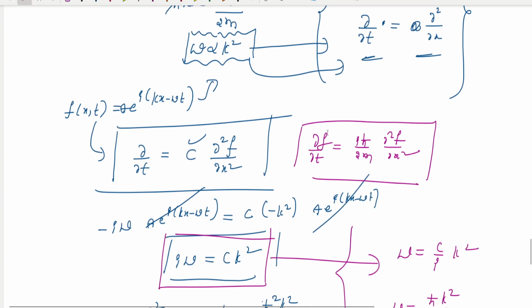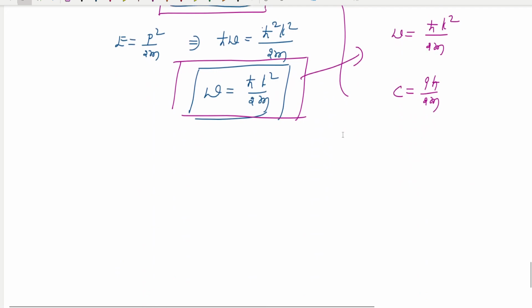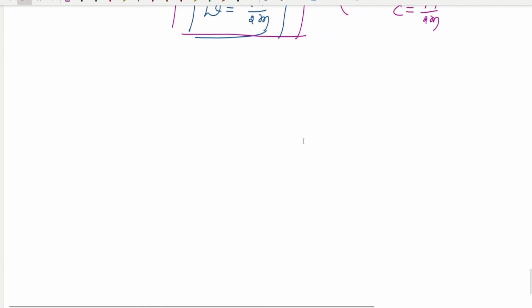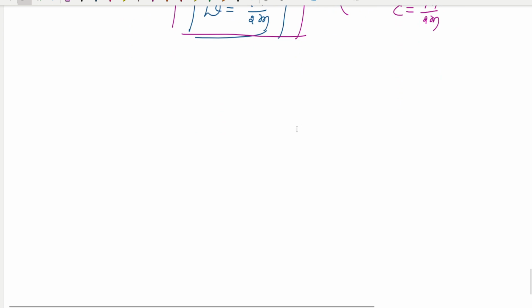This is how we get the Schrodinger equation, and we are going to derive the original Schrodinger equation. So we already know the reason to derive it.